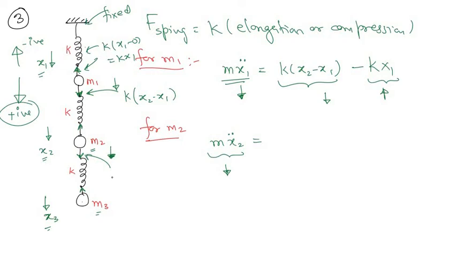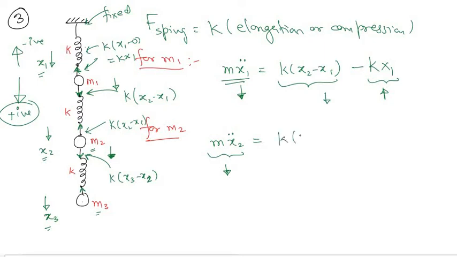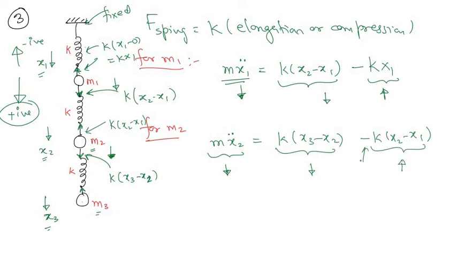This force is K times (x3 minus x2), which is the net elongation in the downward spring, and this other force is given by K times (x2 minus x1), because the elongation will be the same. So this will be equal to K times (x3 minus x2) minus K times (x2 minus x1). One force is acting in the downward direction and the other in the upward direction. That's why the negative sign has come here, because I have chosen negative as the upward direction.